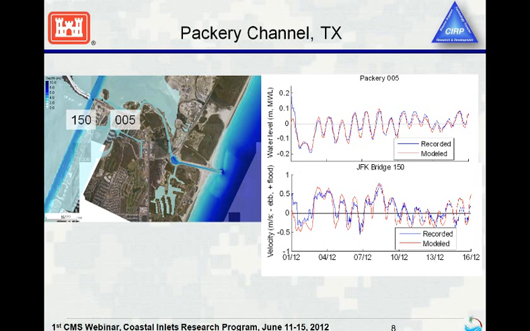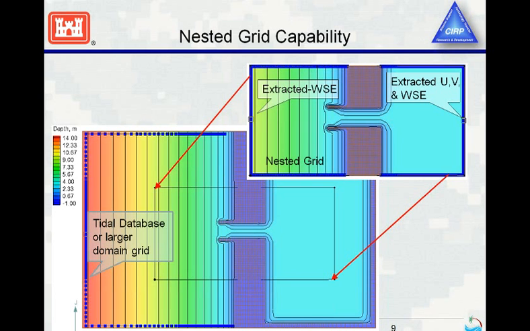at 2 different points. I mentioned earlier nested grid capability. We've got a larger grid here that you can force with either a tidal database, such as the 2 EDSRC tidal databases, or there's a global Le Provost tidal database that is out there.